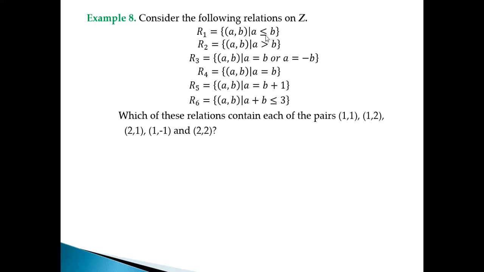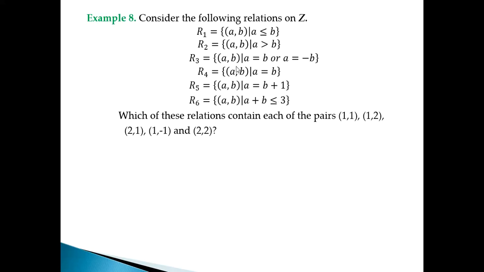First is A is less than or equal to B, second is A is greater than B, the third relation has A equal to B or A equal to minus B, the fourth relation has A equal to B, R5 has A equal to B plus 1, and R6 has A plus B is less than or equal to 3.